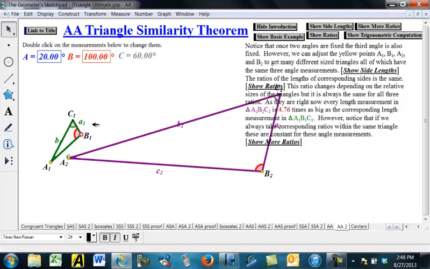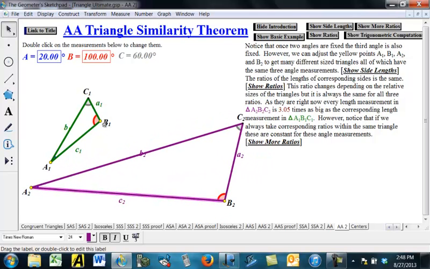I can change the size of this one. Okay? And right at the moment, let's see here. See what I can do here. There we go.